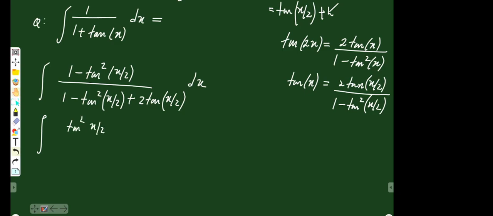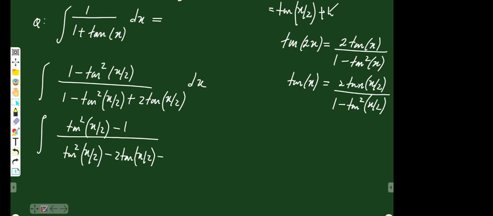Tan squared x divided by 2 minus 1, the whole thing divided by tan squared x divided by 2 minus 2 tan x divided by 2 minus 1 dx here. So can you factorize it?